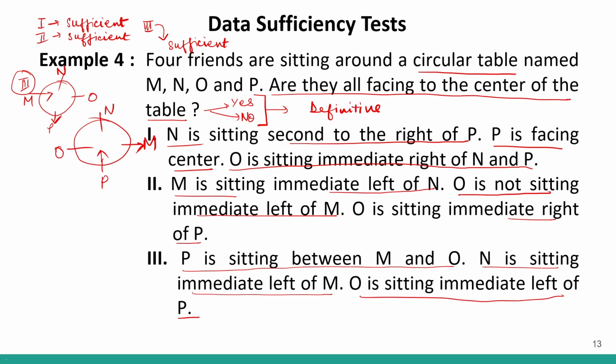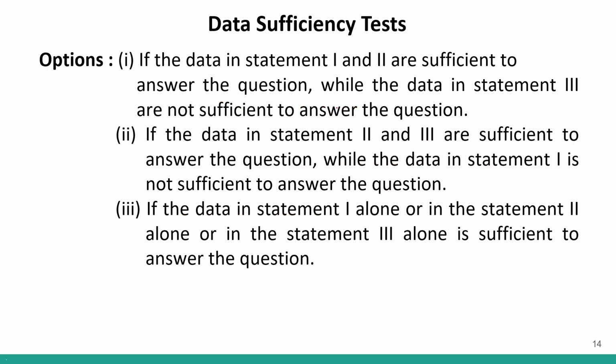So my option will say that 1, 2 or 3, all of them alone are sufficient to answer the question. Option number 3 says that statement 1 alone, statement 2 alone or statement 3 alone is sufficient to answer the question. Therefore, my answer will be option number 3.